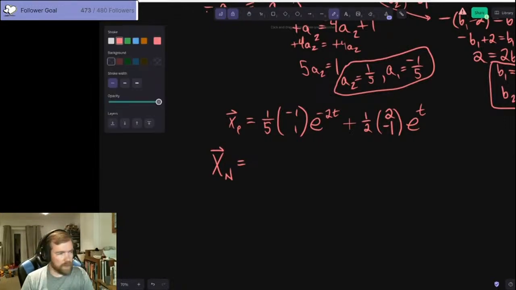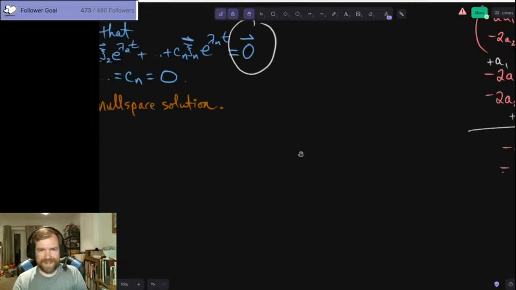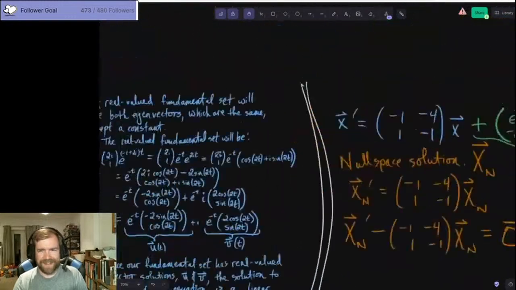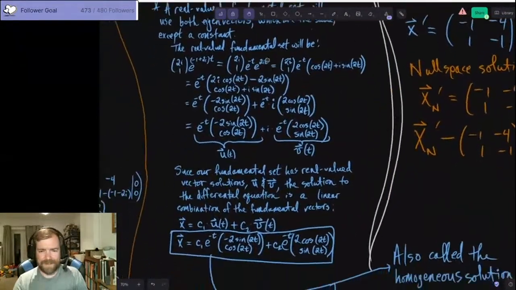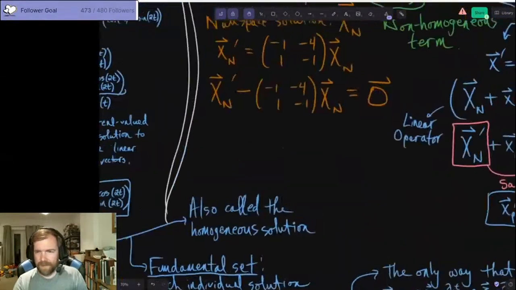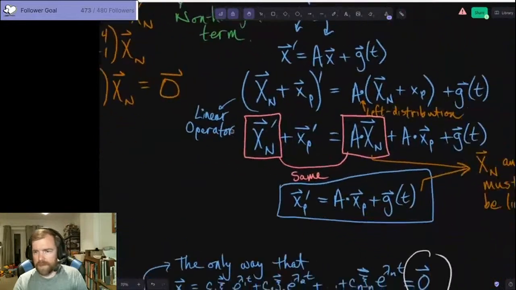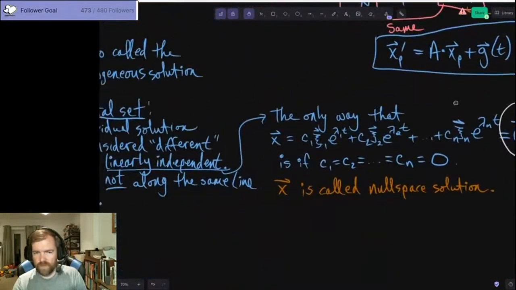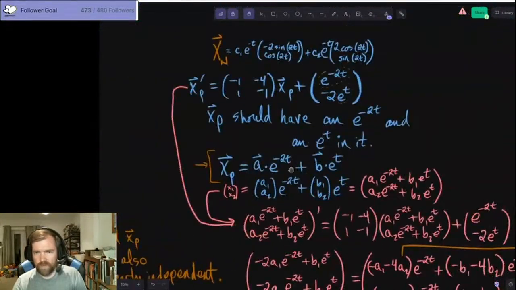So again, we have our null space solution, which was C1. Let's just copy it somewhere else. Hang on, where is it? Oh, just up top. Yep.